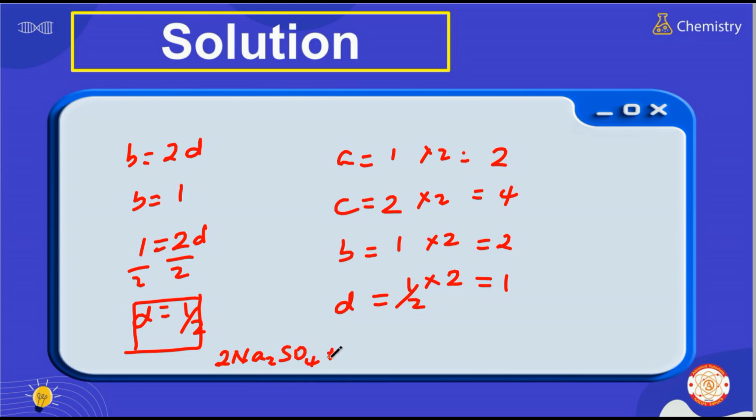Plus, what is the coefficient of aluminum nitrate, which is B? 2. And what is the coefficient of C, which is sodium nitrate? Plus coefficient of D, which is aluminum sulfate. This is 1. Now it is balanced.